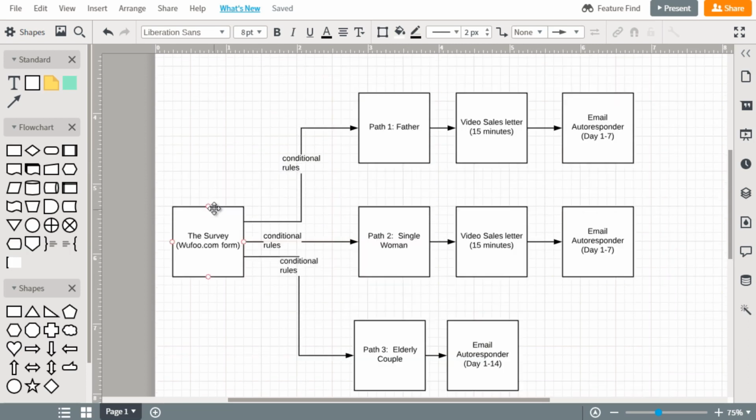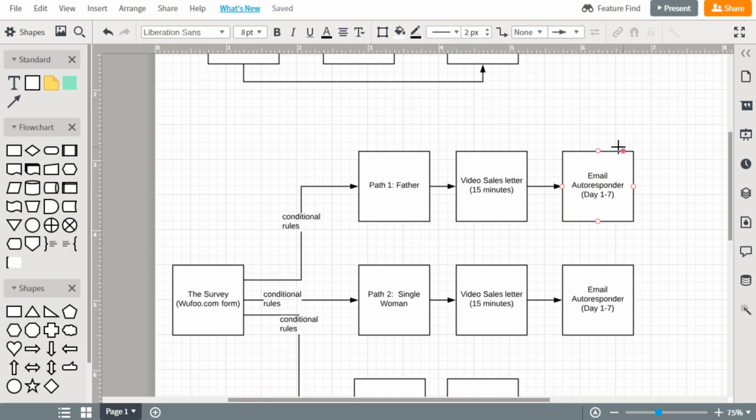Now, like I said, in terms of implementation, wufoo.com has conditional rules, and based on the questions that they answer, you can either ask them another question that is only revealed if they show that they are the father or the single woman or married woman or elderly couple. So that's essentially it.